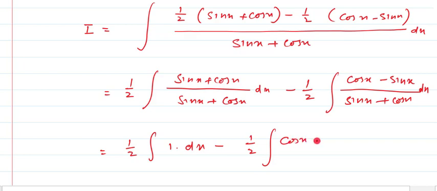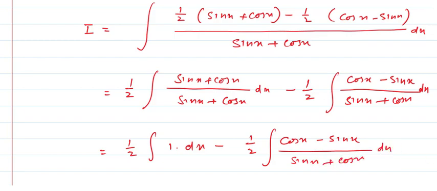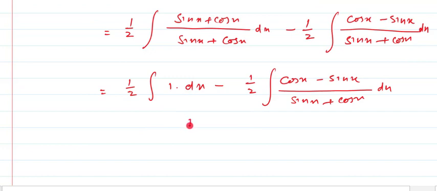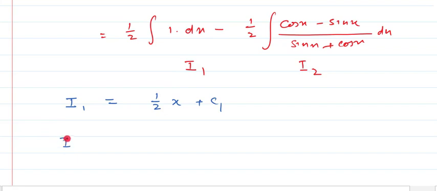So it is cos x minus sin x upon sin x plus cos x dx. Now let us name these integrands as I1 and I2. Okay, so one by one let us simplify, and I know that you also can do it very easily. I1 is 1 upon 2 x plus c1, simply this thing.